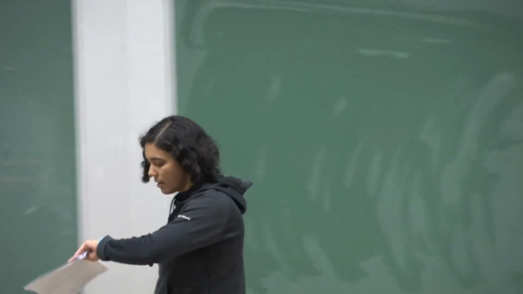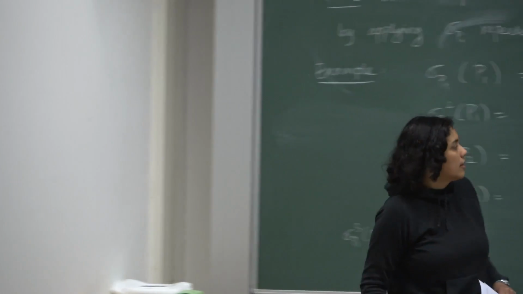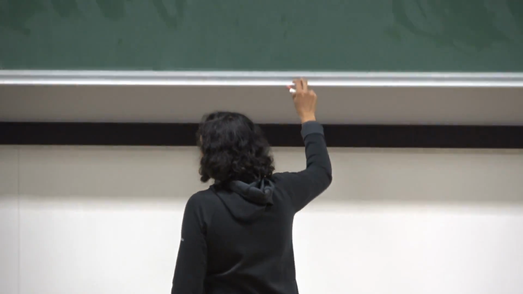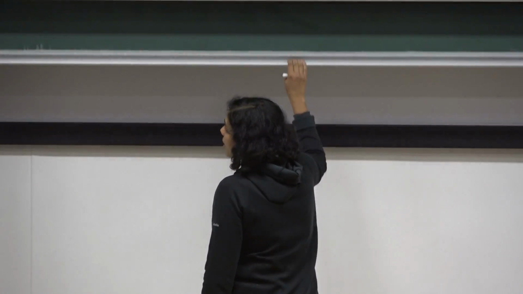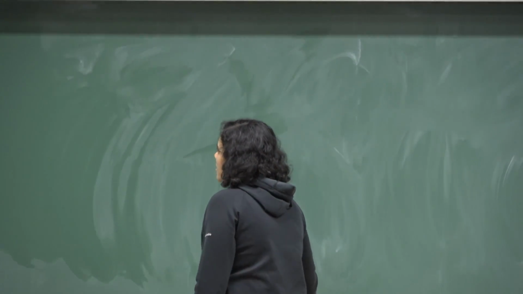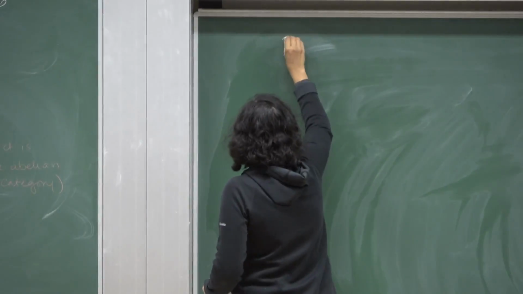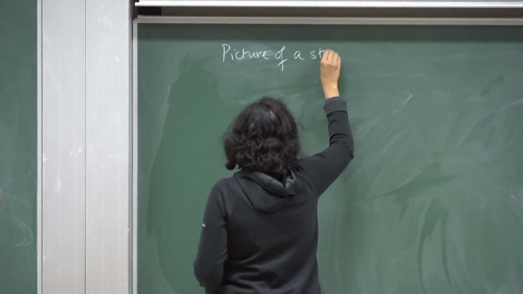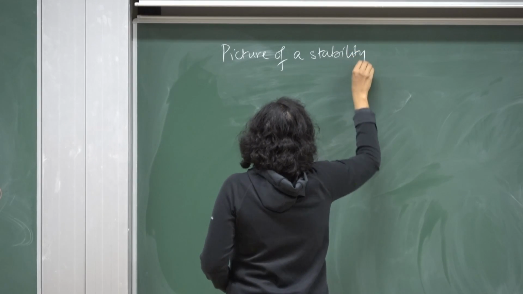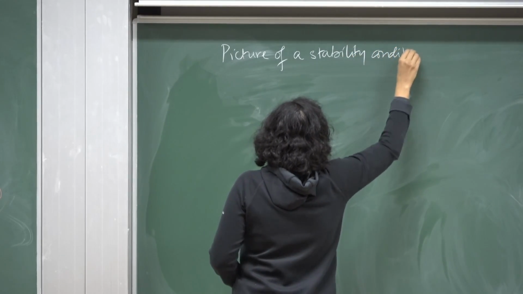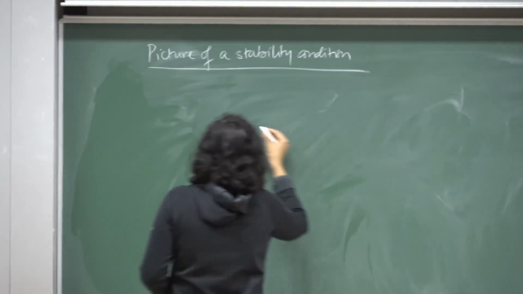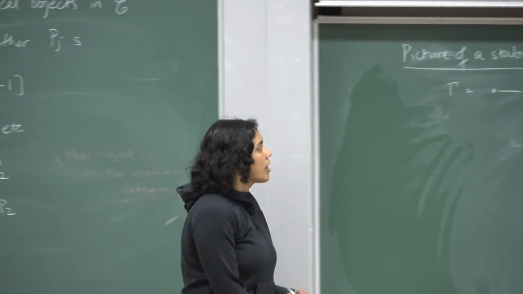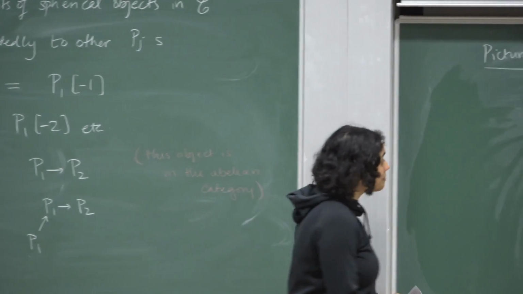Okay, so here's a picture. It'll be good to have this picture in mind. I'll draw similar pictures later as well. For simplicity, I'll take gamma to be A2, so I only have two generating objects, P1 and P2.